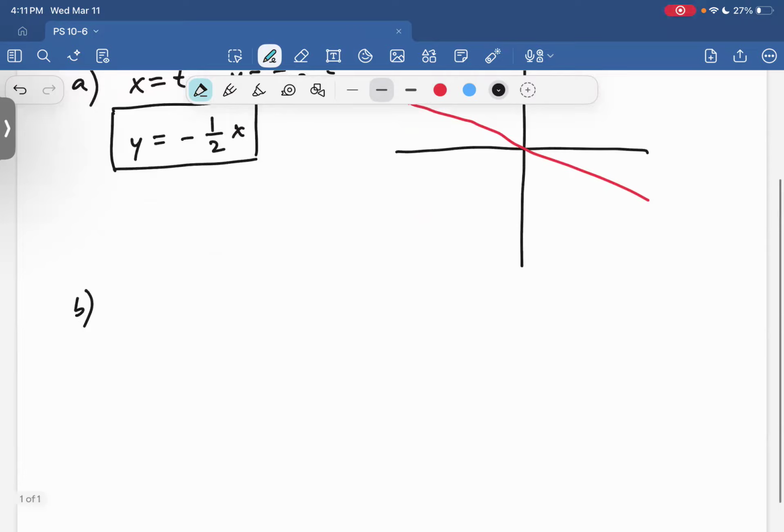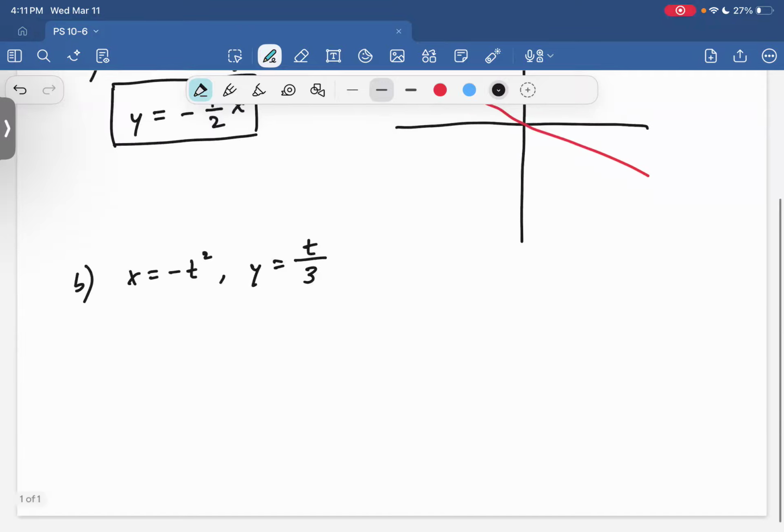The next one, we have x equals negative t squared, y equals t over 3. So for this one, maybe from here we can find that t equals 3y, and therefore x equals, plugging that in, x equals negative 3y squared.